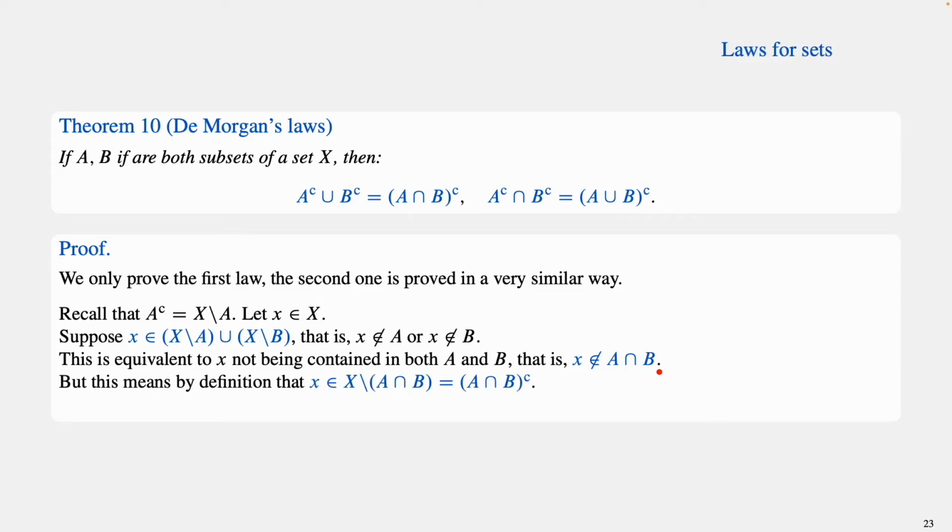So it can't be in both, it can't be in the intersection. And by definition, this means nothing else but x being contained in the complement of the intersection of A and B within big X, or this in the short notation. So it follows that x being contained in this set is equivalent to x being contained in this set here, and thereby these two sets are identical.